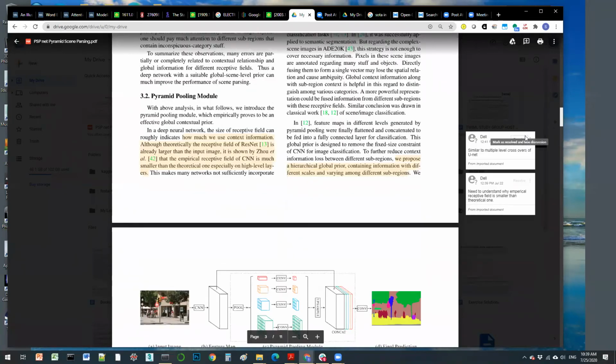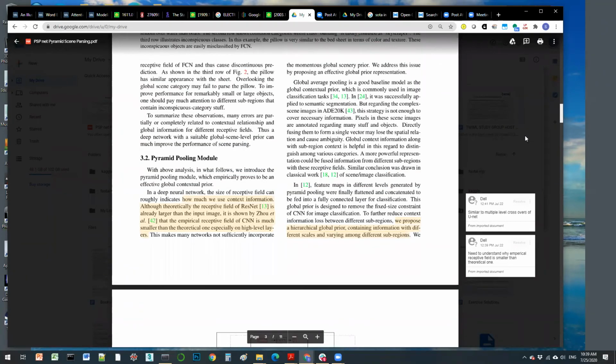So you're explaining why the receptive field of ResNet is larger than the input image. That's because you had to pad it, right? Not just because of the padding. So if you look at what happens, you would do the convolution, and then when you go to the next layer, it's going to become smaller, right? Your image, because of convolution. I'm assuming you're not doing same size padding and all that stuff. Yeah.